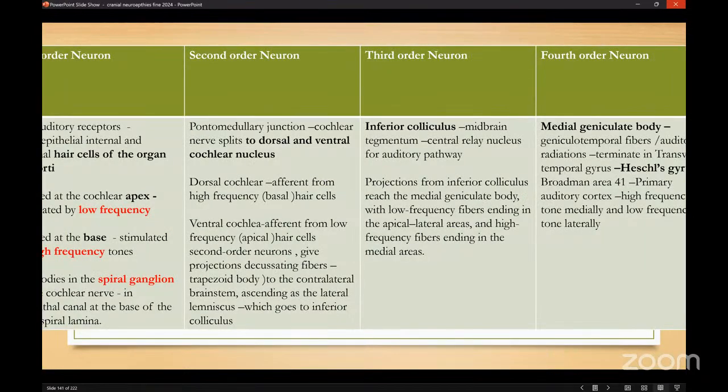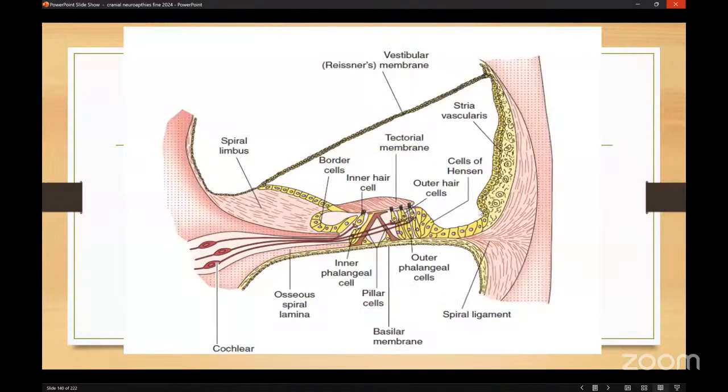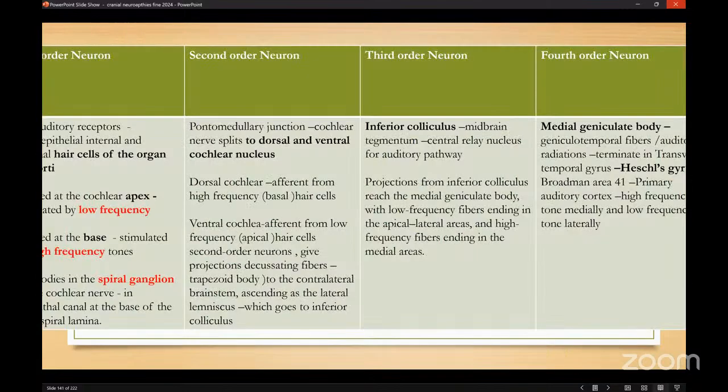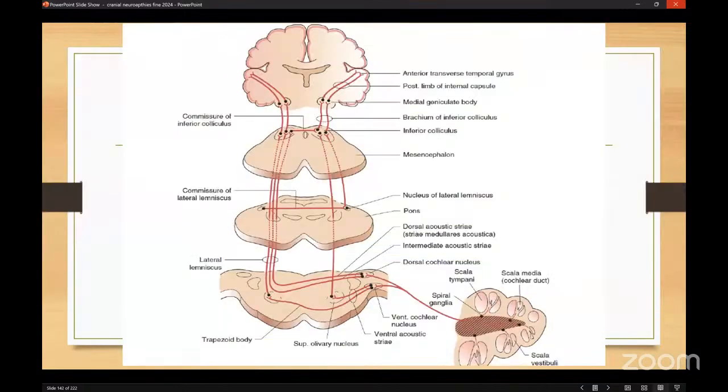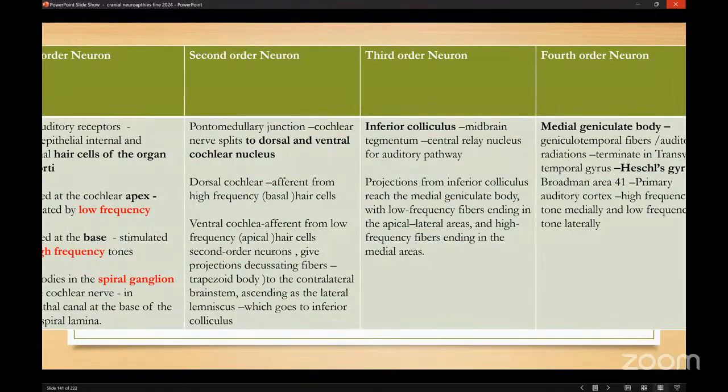So for the cochlear pathway, you should know the first order neuron, second order neuron, third order neuron, and the fourth order neuron. So what is the first order neuron? The first order neuron is from the spiral ganglion to the cochlear nuclei.